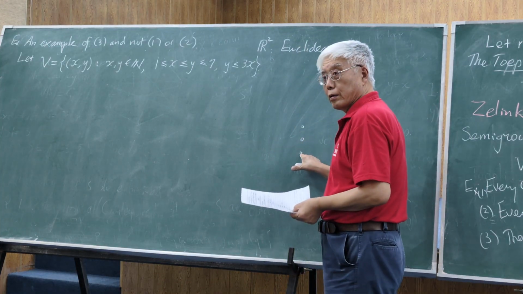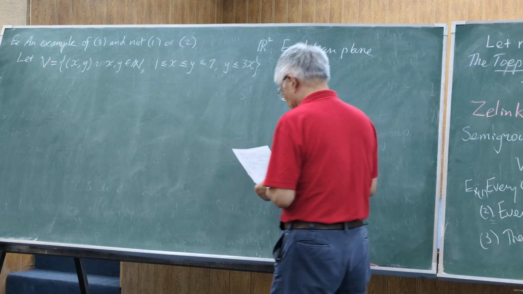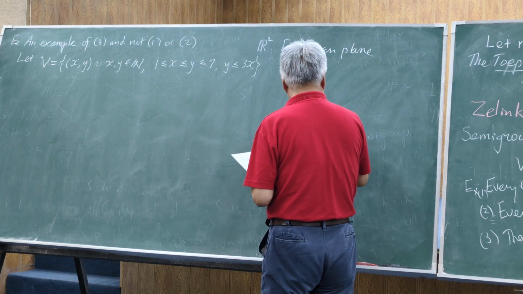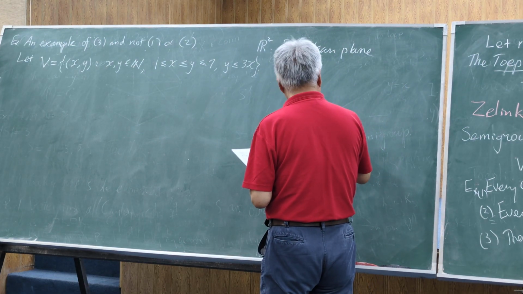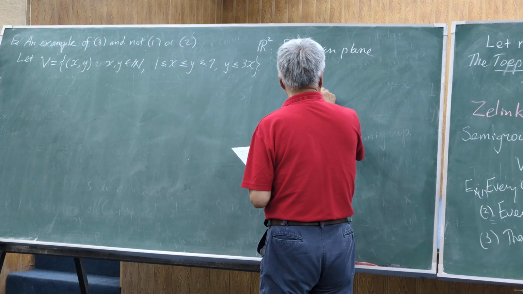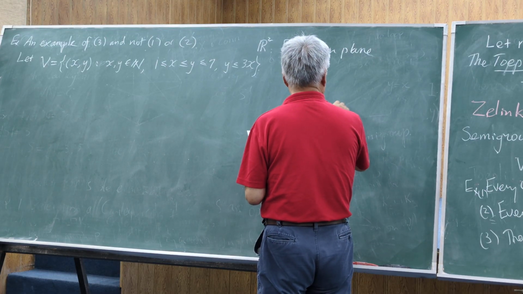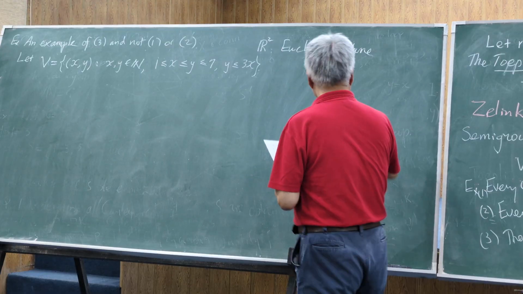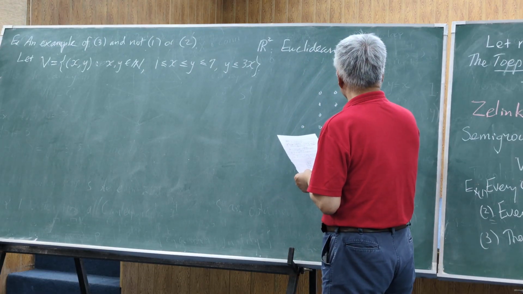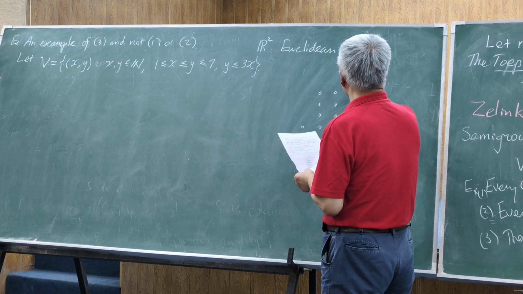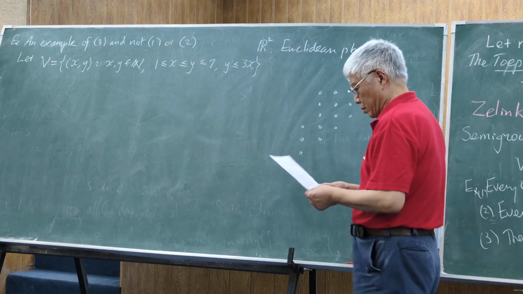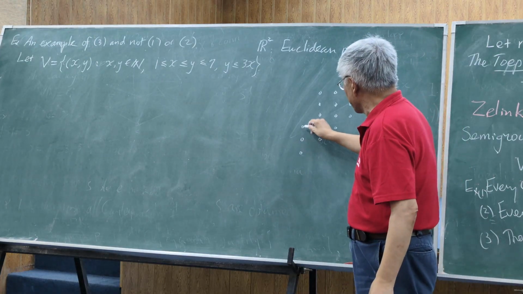This is 1, 0, this vertex. You try to figure out the coordinates. The coordinates don't matter to me.